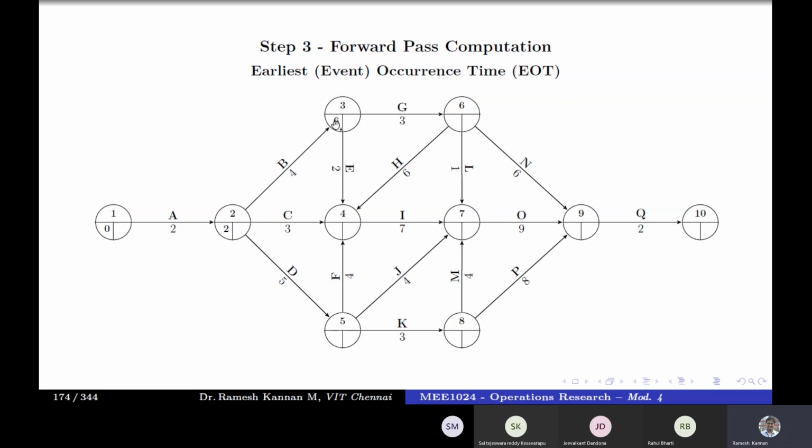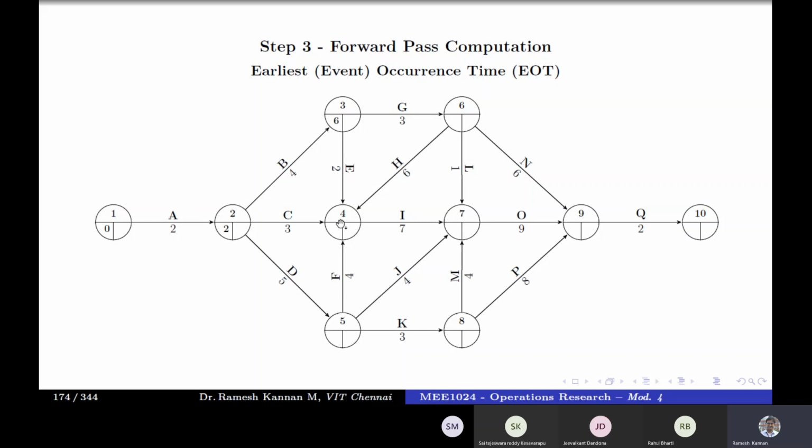So that is what you get, 6 here. Why 6 here is 4, but even then it has to wait until event 2 gets over. When does the 2 get over? It is 2, because of the activity of 2. Since it has got no prerequisite, it starts at 0, 0 plus 2 is 2, and 2 plus 4 is 6.